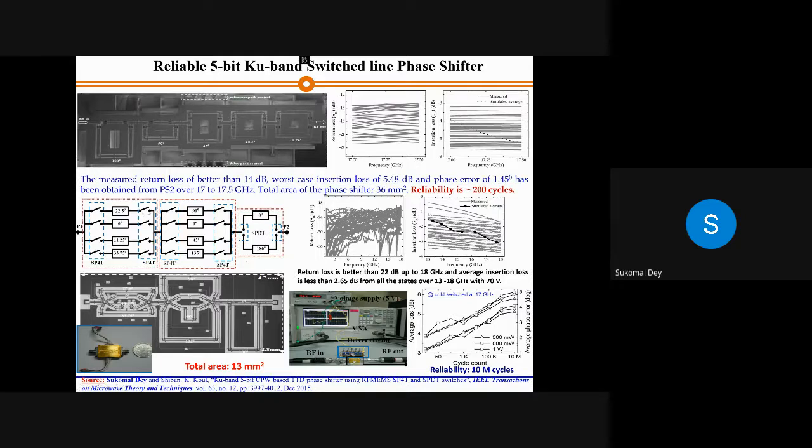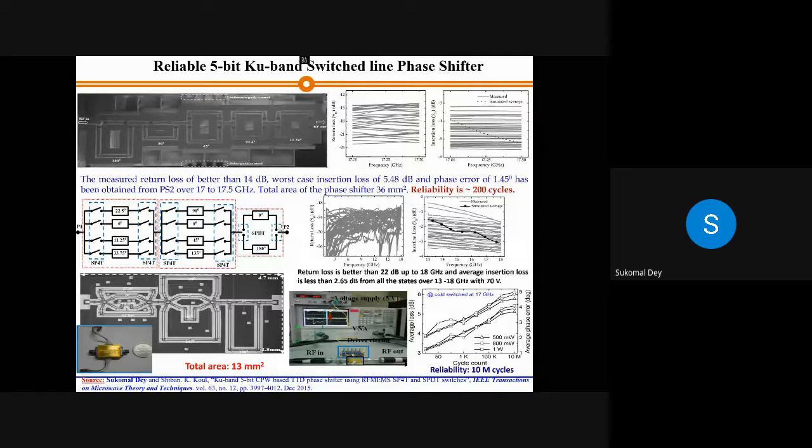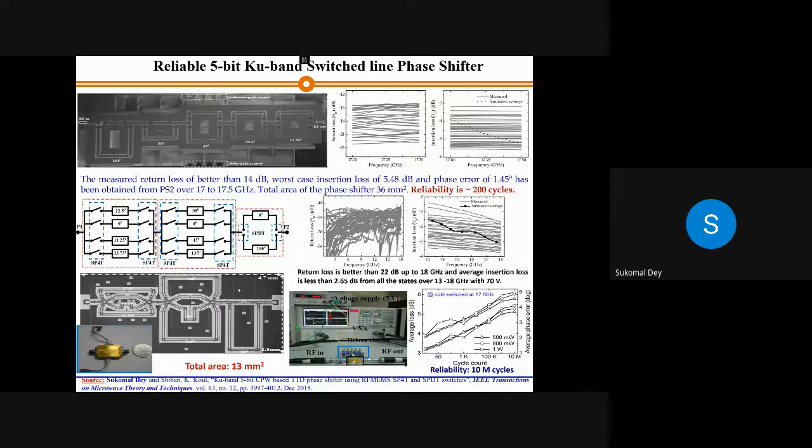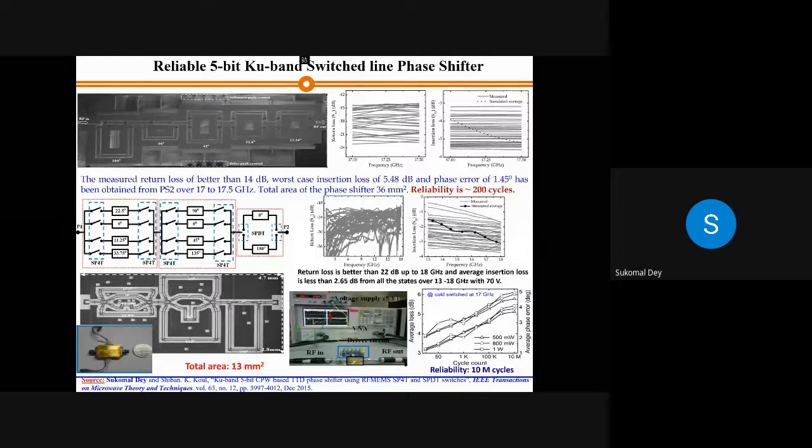Now to activate one arm, we only have to activate 6 switches. So we have substantially reduced the number of control elements per phase state. And with the help of the SP4T switch, the area was also reduced. Initially the area was 36 millimeter square. Now it is close to 13 millimeter square, which is quite interesting.